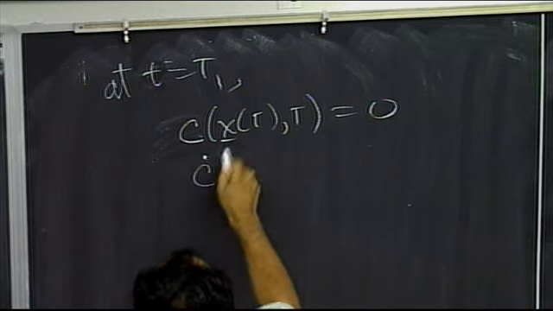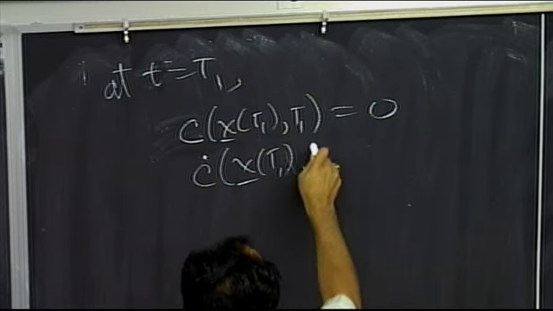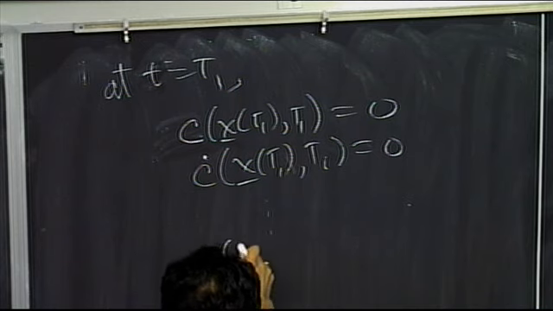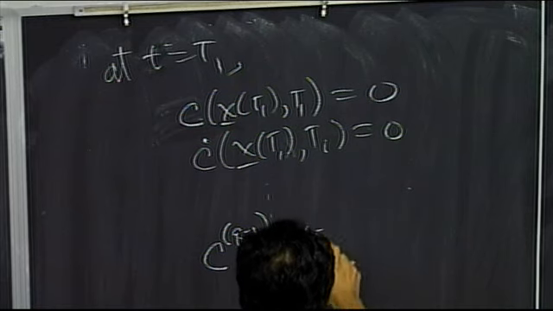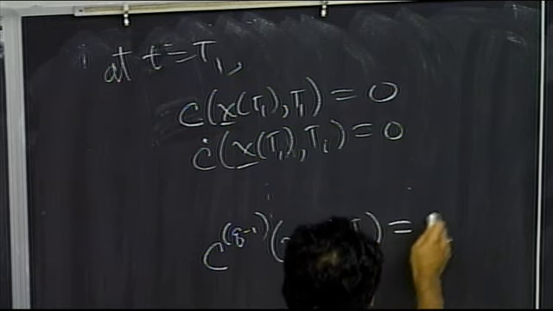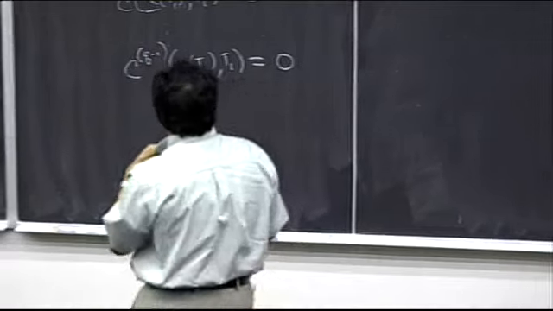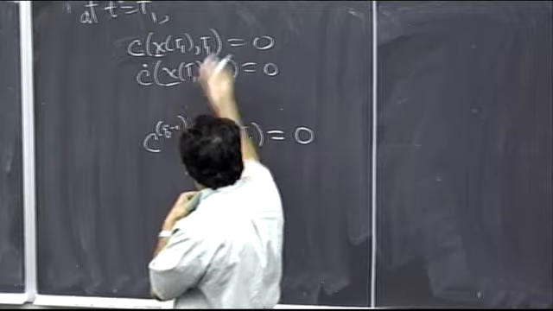C dot of x of t1 and t1 has to equal 0, all the way down to C^(q-1), the q minus 1th derivative, of x of t1 and t1 has to equal 0. So what we've done here is we've said that these derivatives are not a function of the control. They're purely a function of the state, right? Because I said the control doesn't appear in any of these derivatives. So when I evaluate these derivatives, I am not going to get something that's going to be a function of the control. These don't tell me anything about the control.